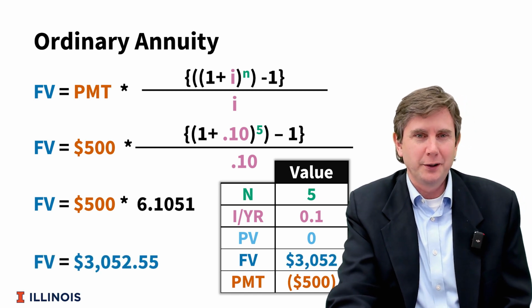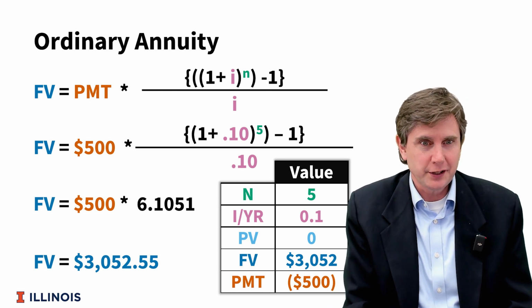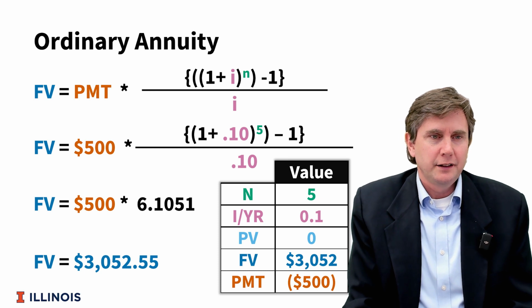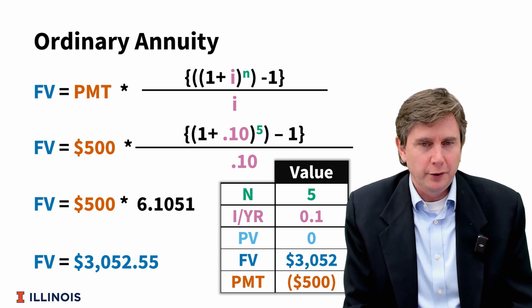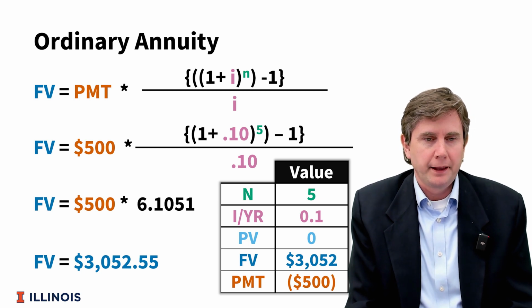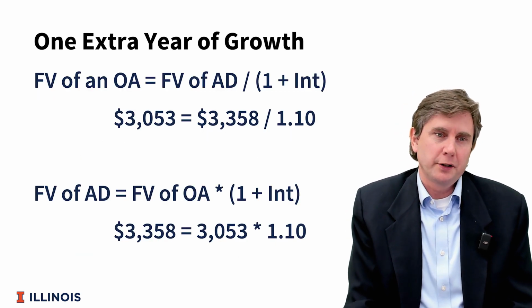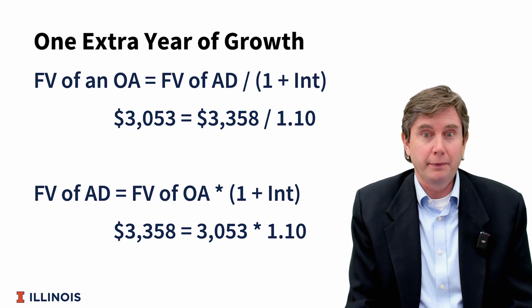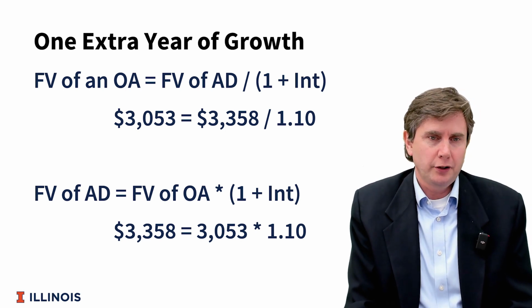Why do we care? You may be going, come on, Craig, what's the difference here? Well, I'll tell you exactly what the difference is. To find an ordinary annuity and how it relates to an annuity due, it's pretty straightforward. If our ordinary annuity answer was 3,053, what is that? Well, that's the annuity due divided by 1 plus the interest rate. And you could flip the same around.